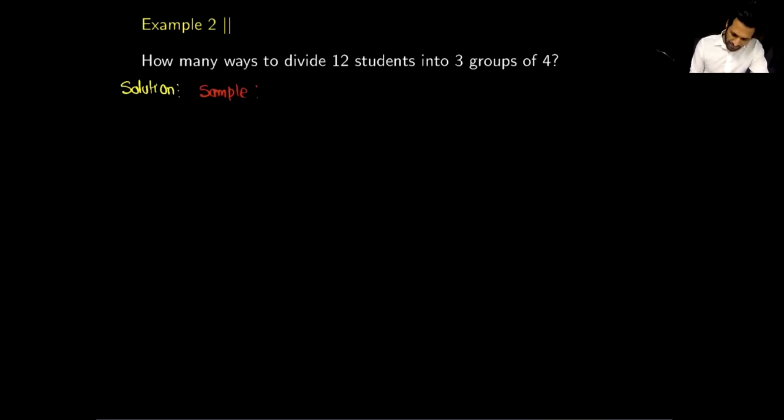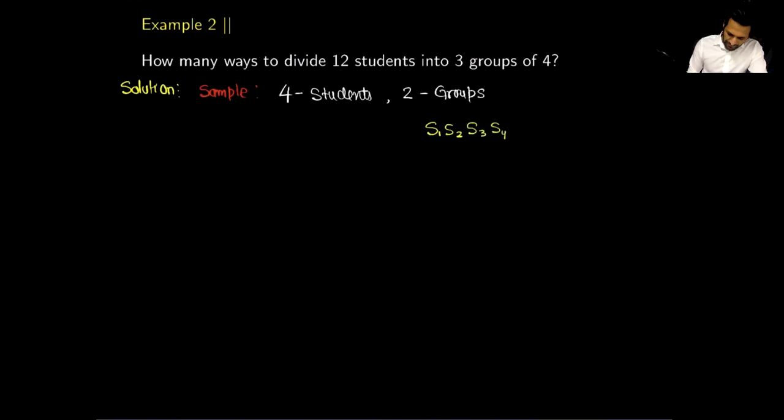So what I'm going to do is, instead of 12 students, I'm going to take 4 students and 2 groups. So each group will contain 2 students. Now I can basically draw this problem. I can say that I have students S1, S2, S3 and S4.